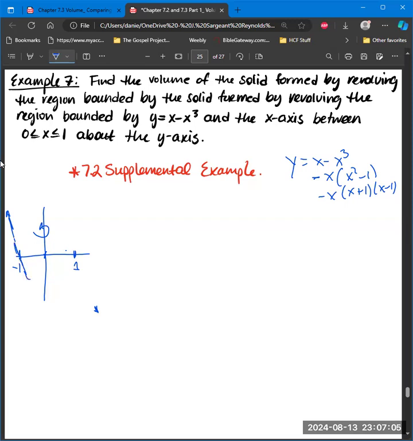We can use some calculus here to find out exactly how far down and how far up it goes. But it does something like so. And we're interested in this bit here that's between 0 and 1. And we want to revolve that around the y-axis.